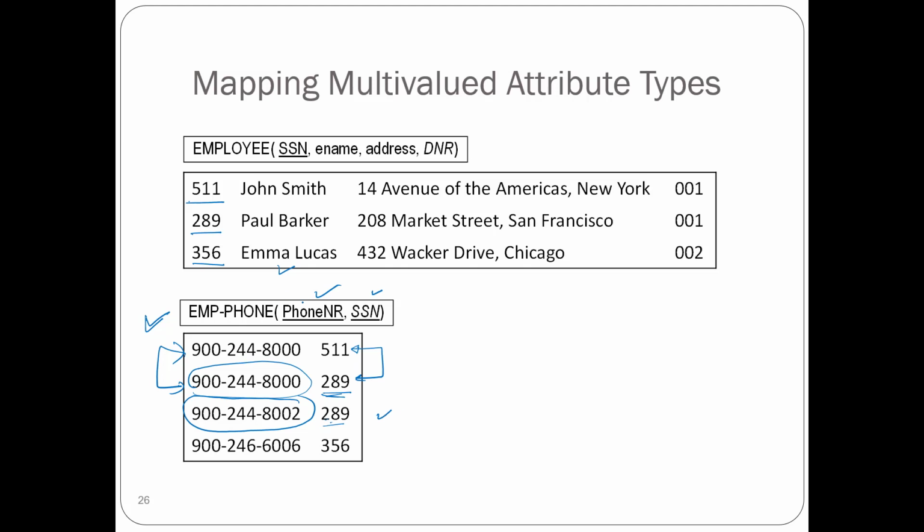What we do for a multi-valued attribute type is create a new relation for that multi-valued attribute along with a foreign key, and the foreign key should be mapped to the primary key of the original relation. Right? That's what we have in this example. Important.